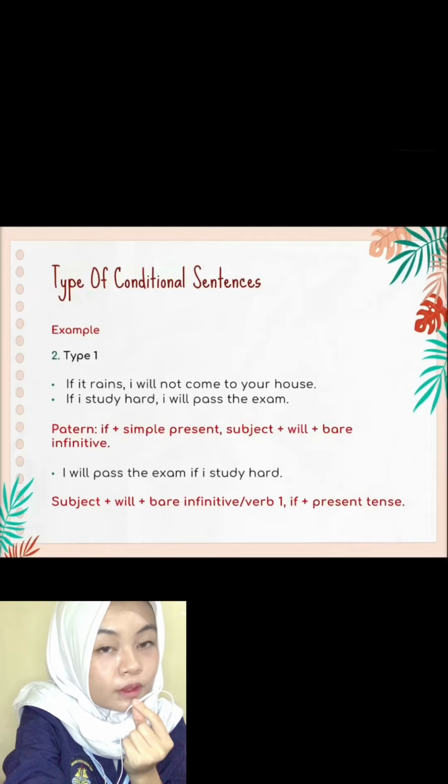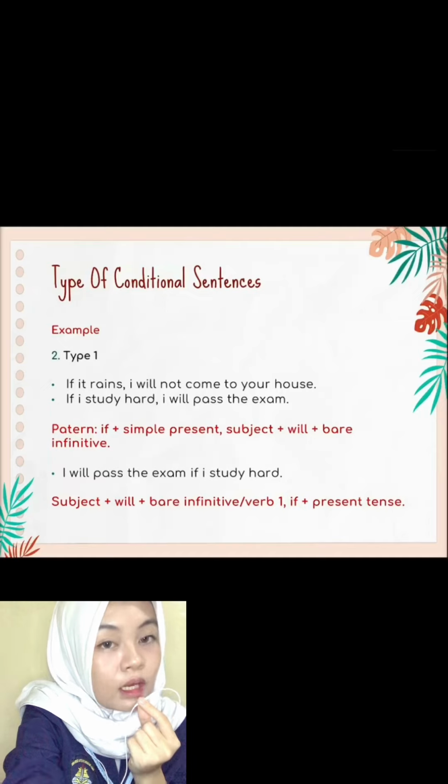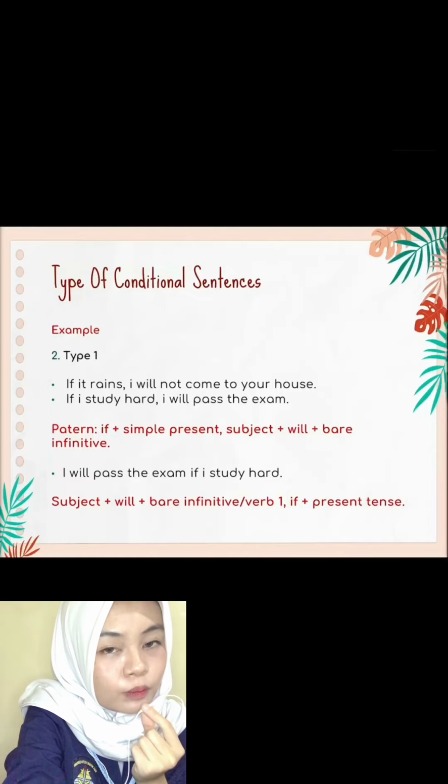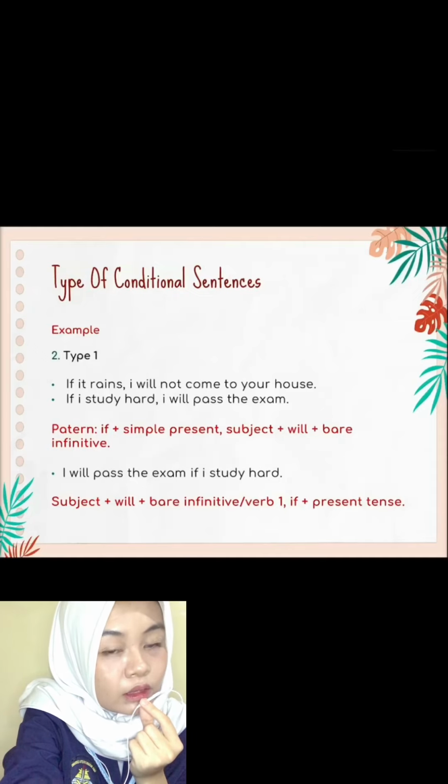Example of the first sentence: if it rains, I will not come to your house. This is a possibility in the present or possibility in the future.